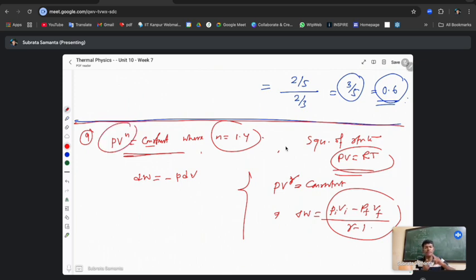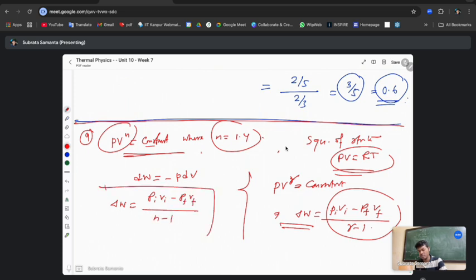So that's why we replace gamma by n in this calculation. Here we only need the form of the process, okay? So in this case, delta W is PiVi minus PfVf over n minus 1. Okay, this is the work done for the polytropic process.